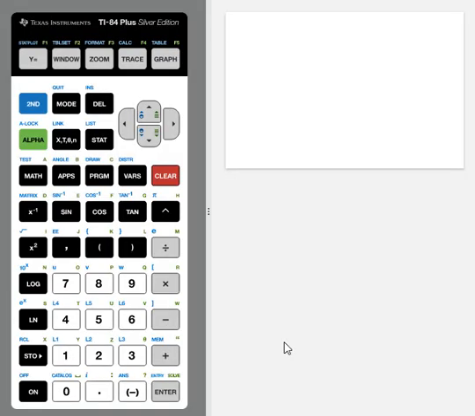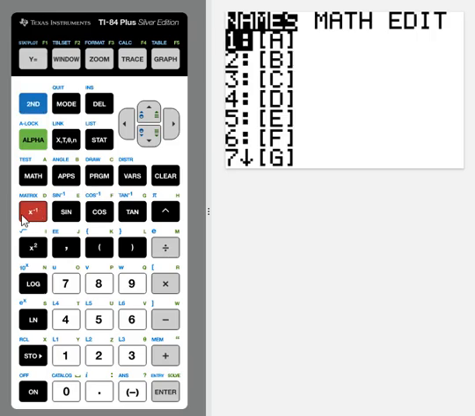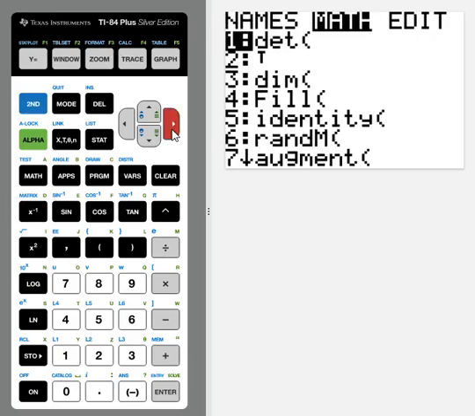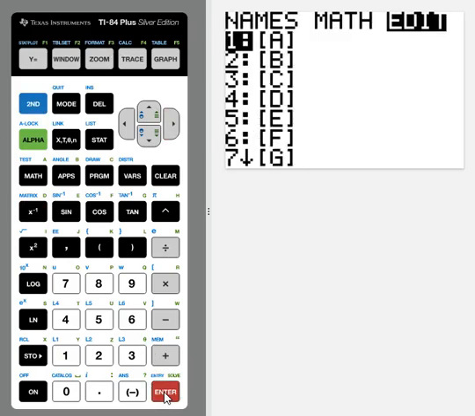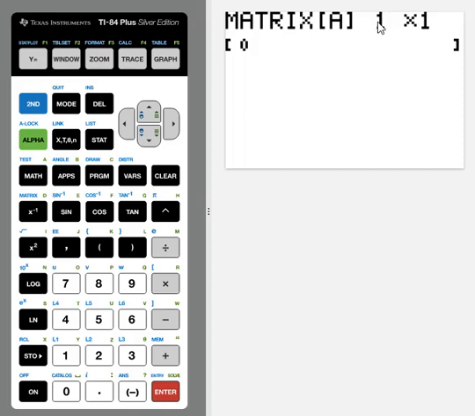I will show you how to use a matrix to solve a system of equations on this graphing calculator. First of all, we go to second x to the negative first power. You could say that's a matrix. We go to edit first. This one means rows by columns.